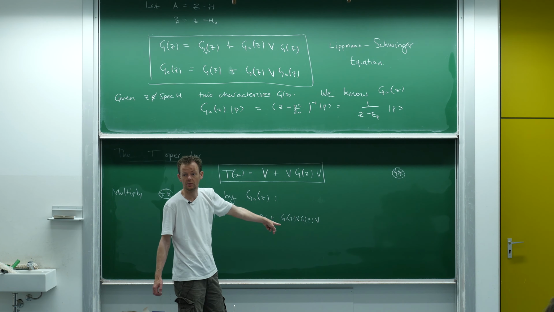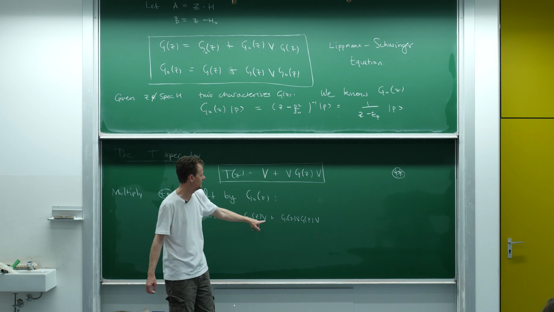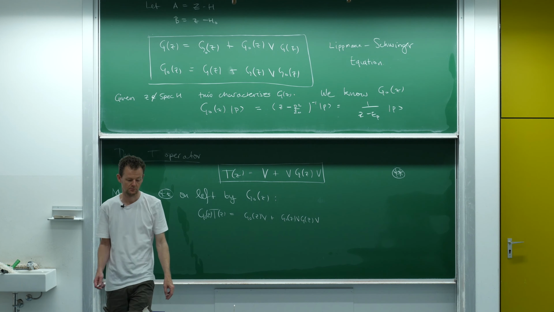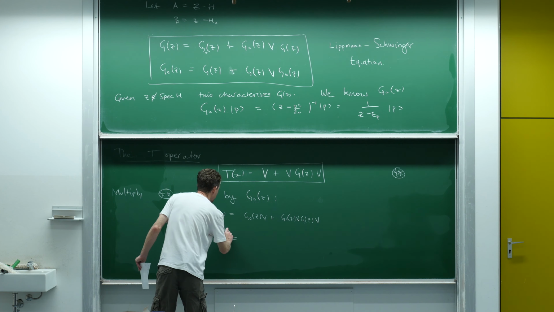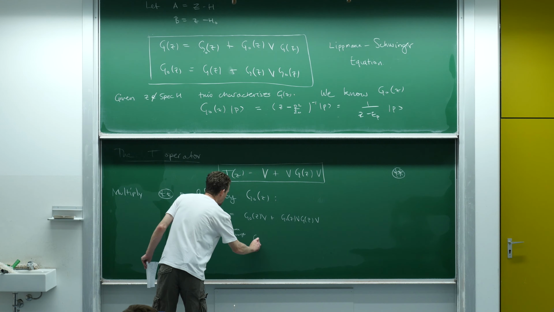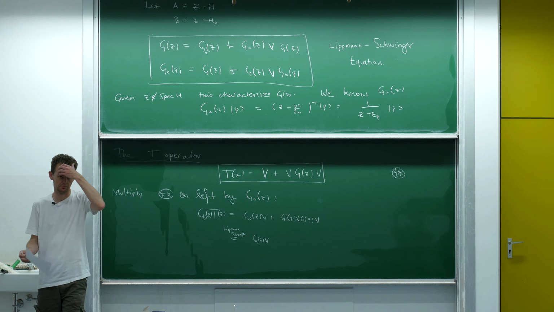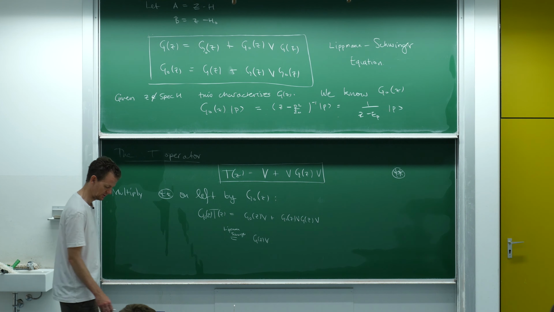According to the Lippmann-Schwinger equation, this bit here is g minus g naught, but that means that that term cancels with that, leaving us with a g v. Cool. So g naught t is g times v. This will be useful.